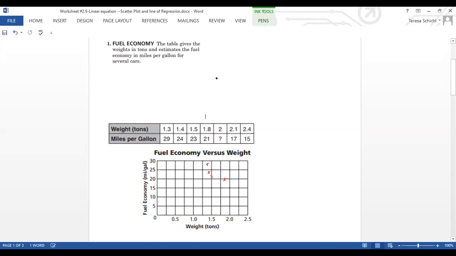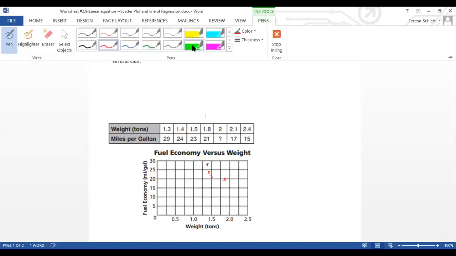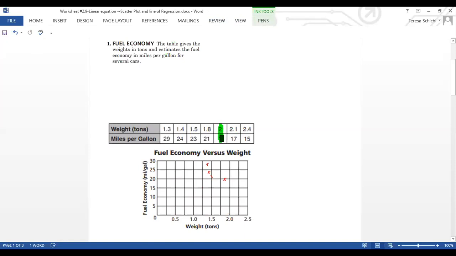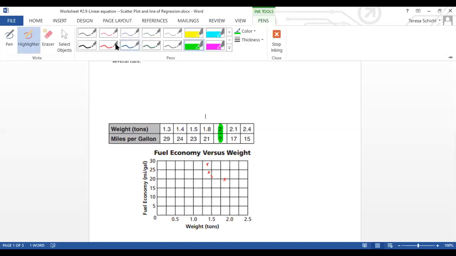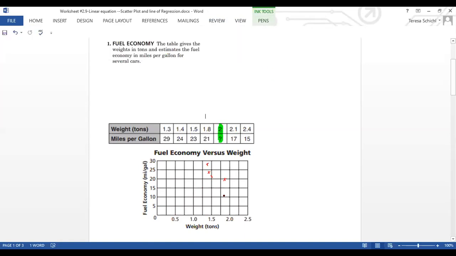Then I'm missing one, I don't have the value, we're going to use our line to estimate that. Now 2.1 is 17, so some point here. Then 2.4 is 15, so 15 is here. Those are the scatter plot points here.